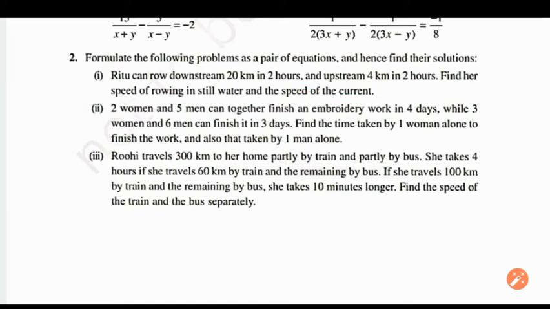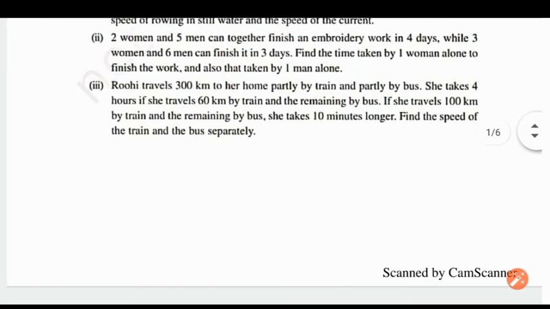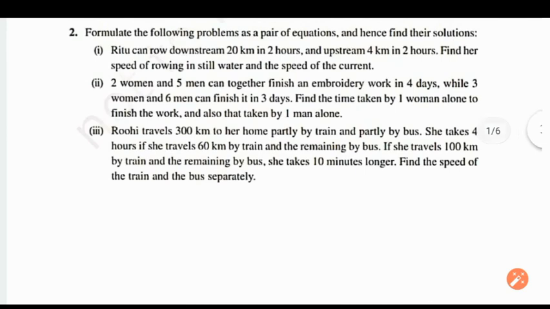What are we required to find? We are required to find the speed of her rowing in still water and the speed of the current. So let's do this sum. Whatever we are required to find, here we are required to find the speed of the rowing in still water and the speed of the current.